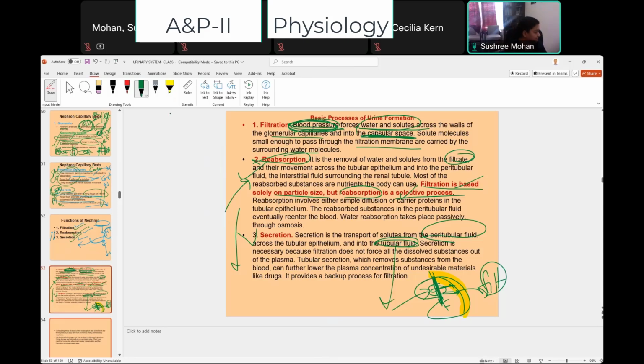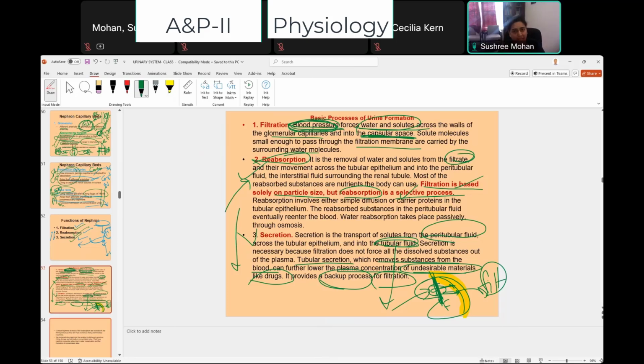And tubular secretion removes substances from the blood, and it can further lower the concentration of undesirable materials like drugs, and it is a backup process for filtration. So things that were missed in filtration will be added back, like drugs or alcohol or chemicals or food coloring agents.